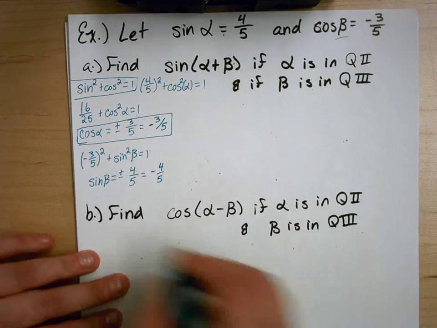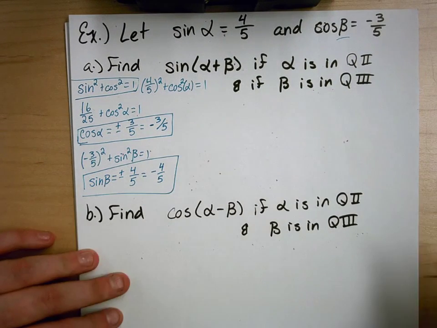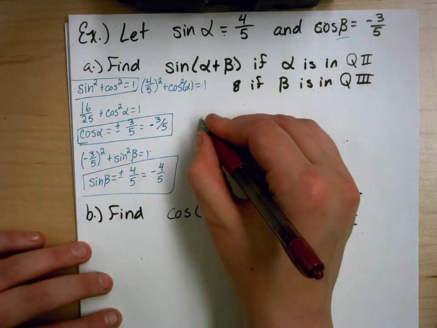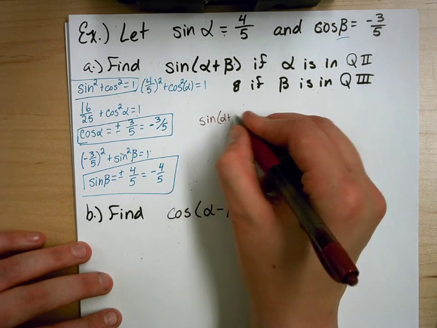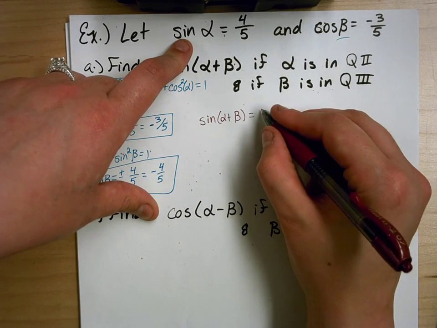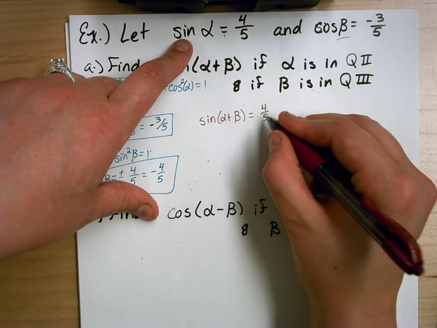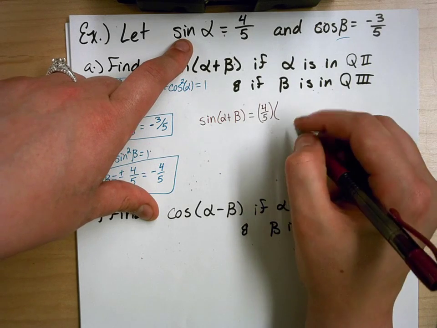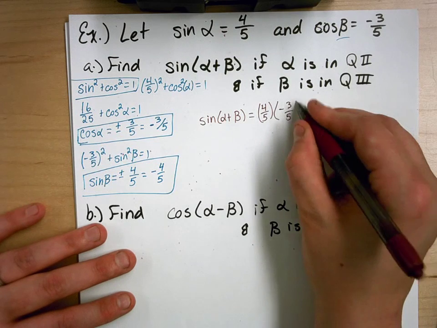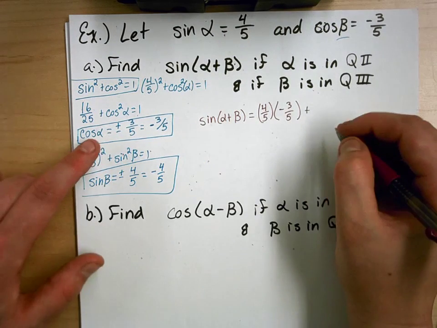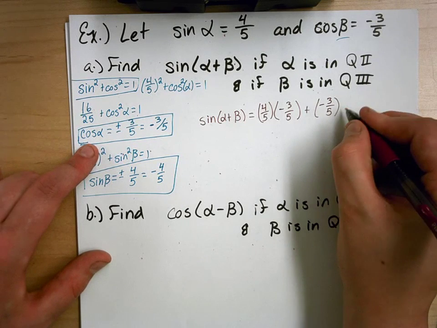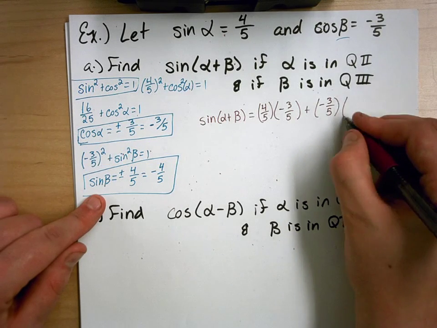Right, now that I have these two important pieces, I'm going to plug them into my formula. So that means that sine alpha plus beta is going to equal sine of alpha, which is 4/5, times cosine of beta, which is -3/5, plus cosine alpha, which is -3/5, times sine of beta, which is -4/5.